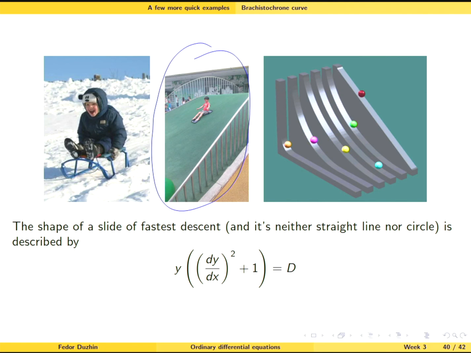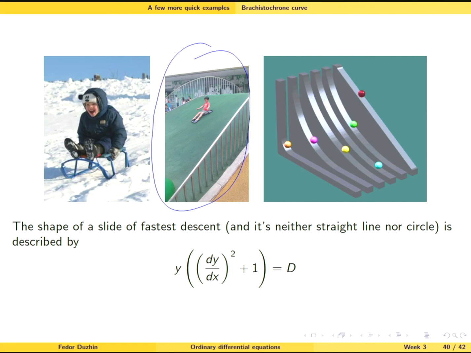But the question is, if you suppose that you have a perfectly slippery slope so that there is no friction, then what is the shape of the slope so that the object would slide just by its own weight and descend as quickly as possible?